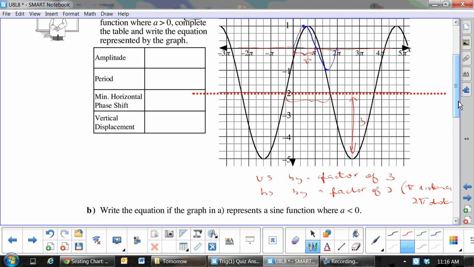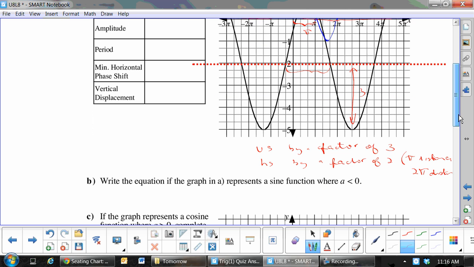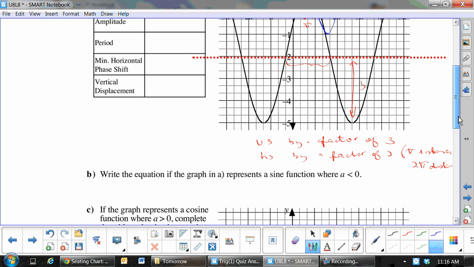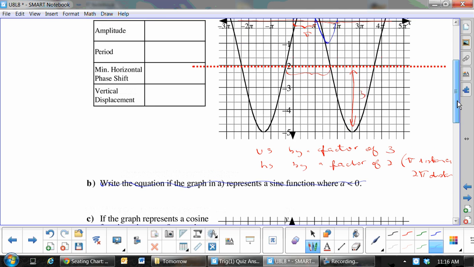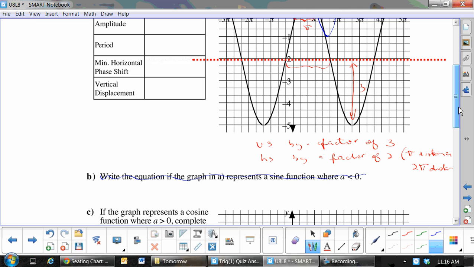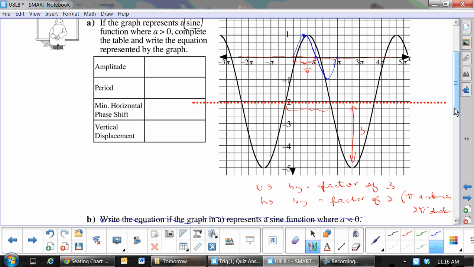Now, the rest, okay, we're not going to work down in B here, so we can use it for horizontal shift or horizontal phase shift. Now remember, we look how far it moved from the y-axis. See, what happened was there was a vertical stretch, still stays attached to the y-axis. Then there's a horizontal stretch, still stays attached to the y-axis.